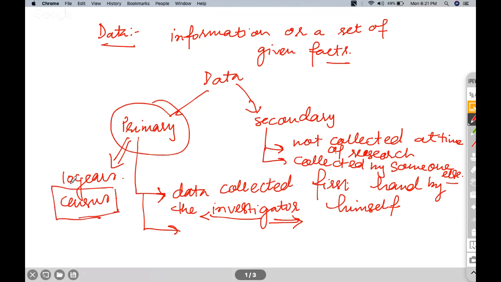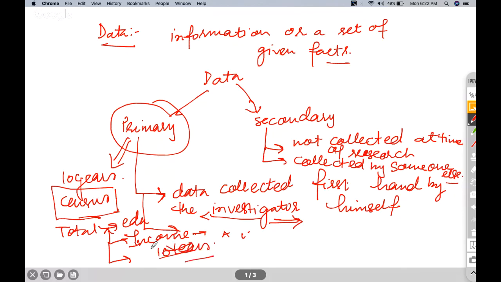Census means we calculate the total population of India and other fundamental categories, like education and income. Earning members of the family, whether a person is working, employed or not employed, and other things. So every 10 years I have the census of India.